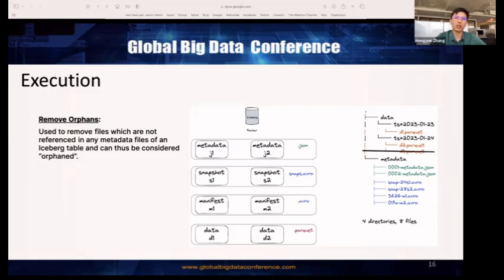This becomes more relevant when the underlying file system is backed by object storage, like AWS S3. S3 has a limitation where it can only list 1,000 objects of a given prefix per request. We can try to improve this by either reducing the number of files on the file system or the number of files tracked by Iceberg metadata, which leads us to the next slide on data compaction.